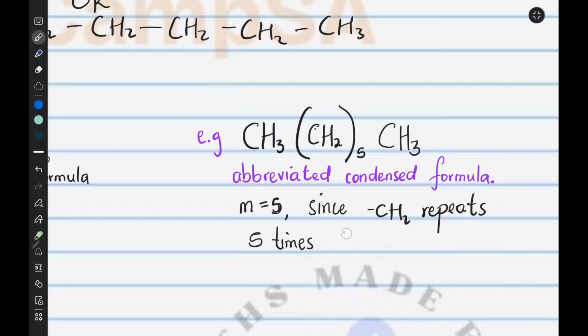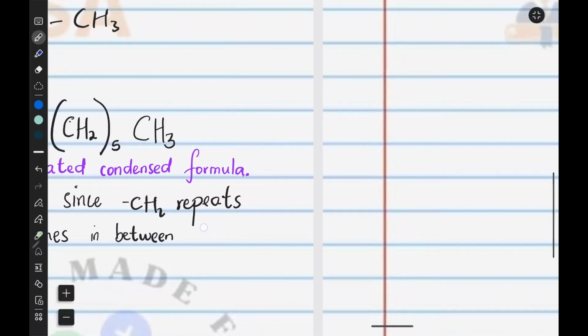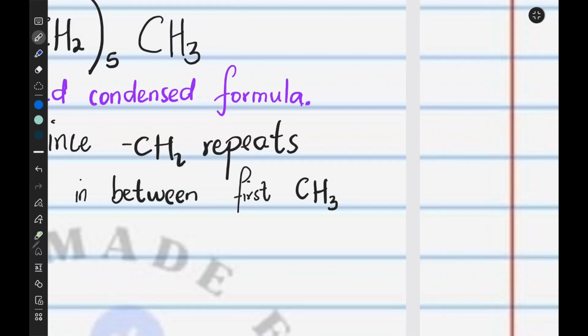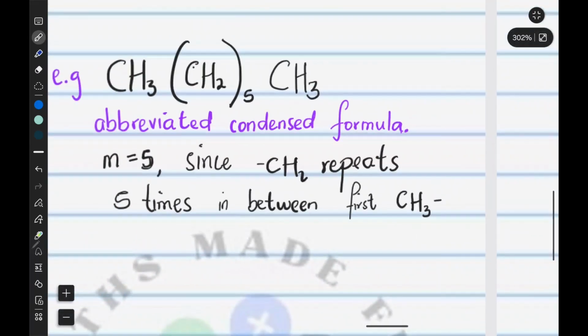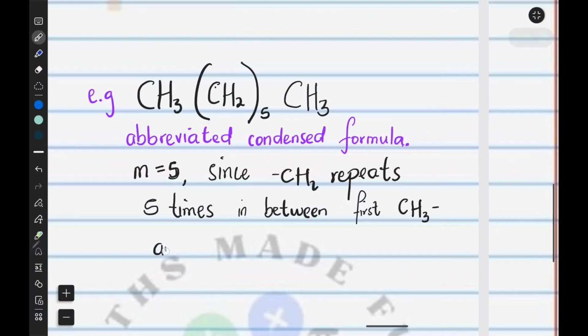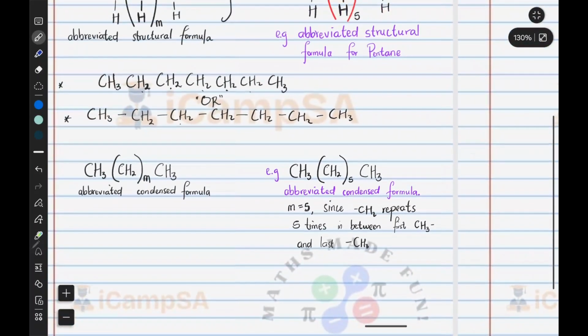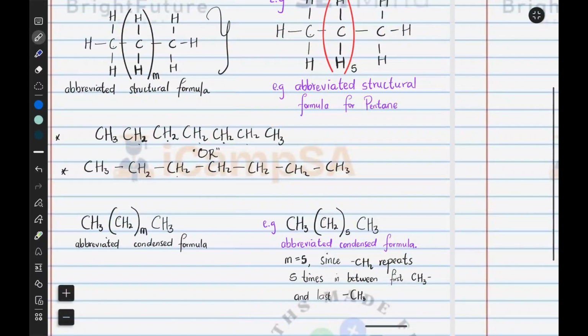So it repeats 5 times in between the CH3s, between the first CH3 and last CH3. So that's what the condensed formula, or the abbreviated condensed structural formula would look like for pentane.